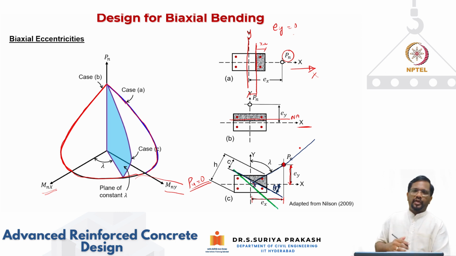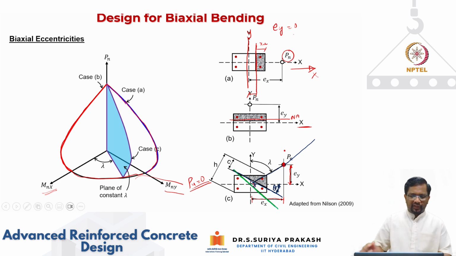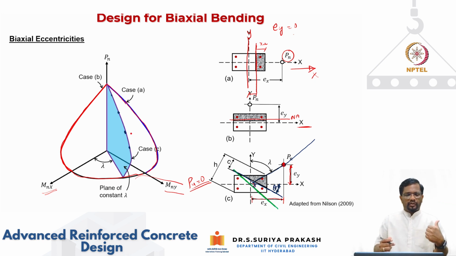That would be your axis of bending. If you take any point on this curve, you will have capacity in axial compression, capacity of bending about the x-axis, and capacity of bending about the y-axis. So you will have all three values.